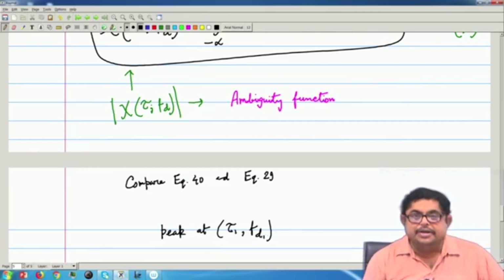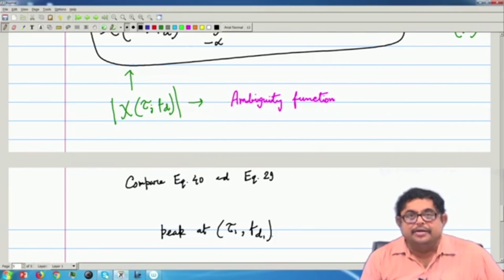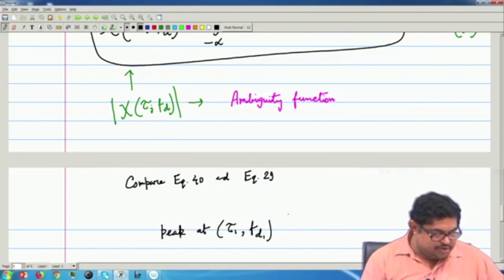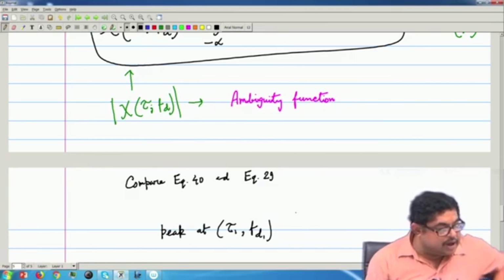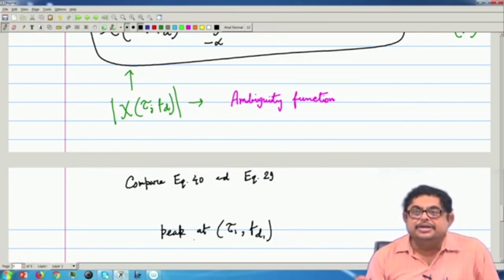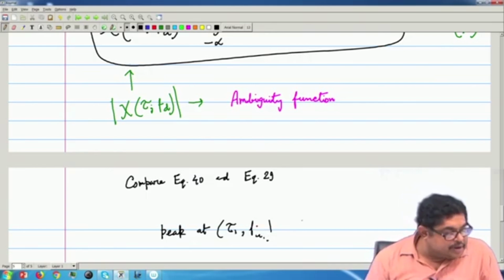This means that you have a target at a delay tau 1 and Doppler shift f d 1. Therefore, you can easily measure the range and velocity of the target.